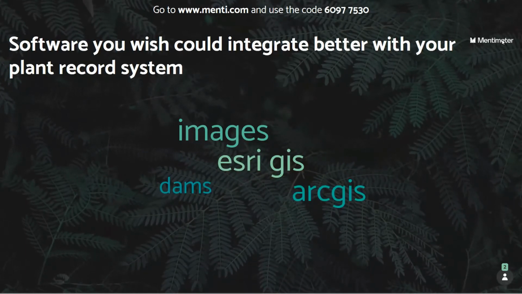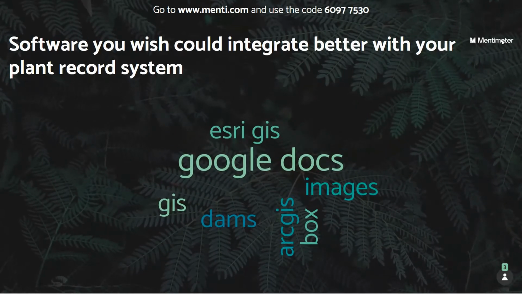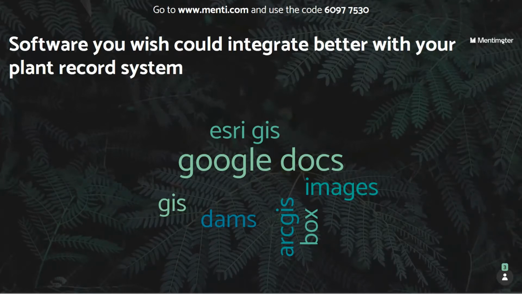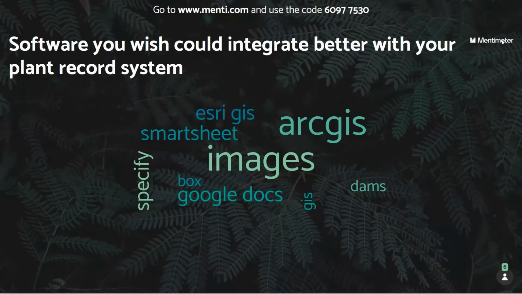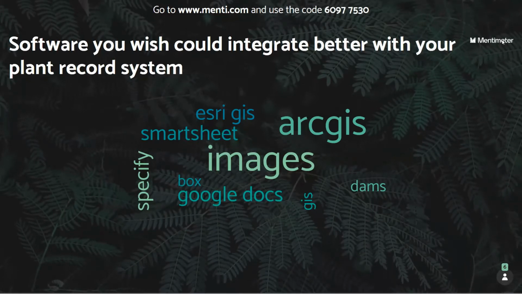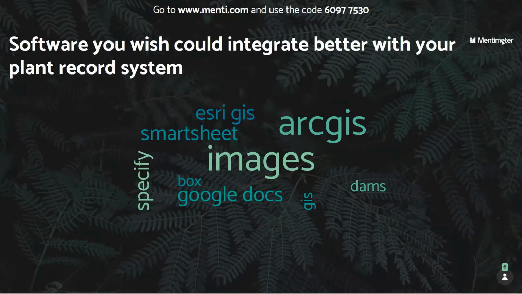So here we go. Images, ArcGIS, Google Docs. You see this in other products, like more office products. We use an accounting system, for example, that integrates with customer relationship systems, integrates with PayPal, integrates with all kinds of different things.